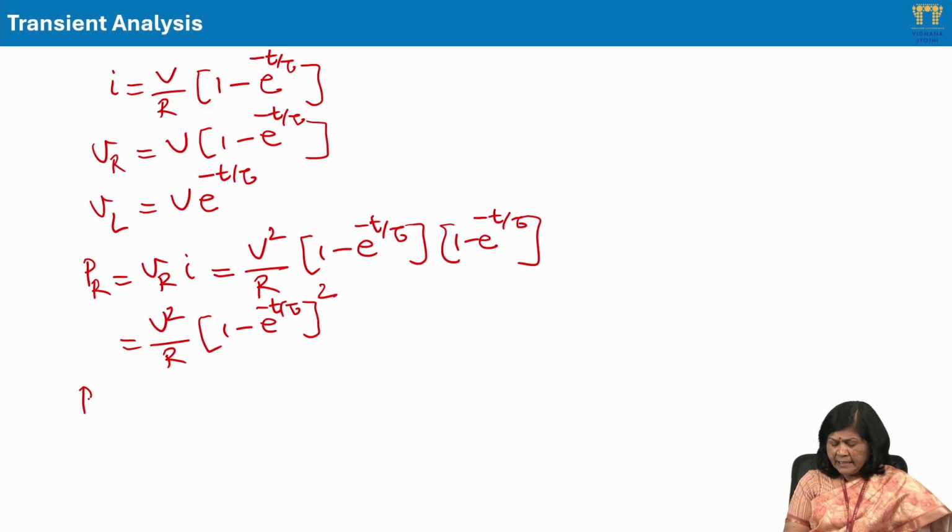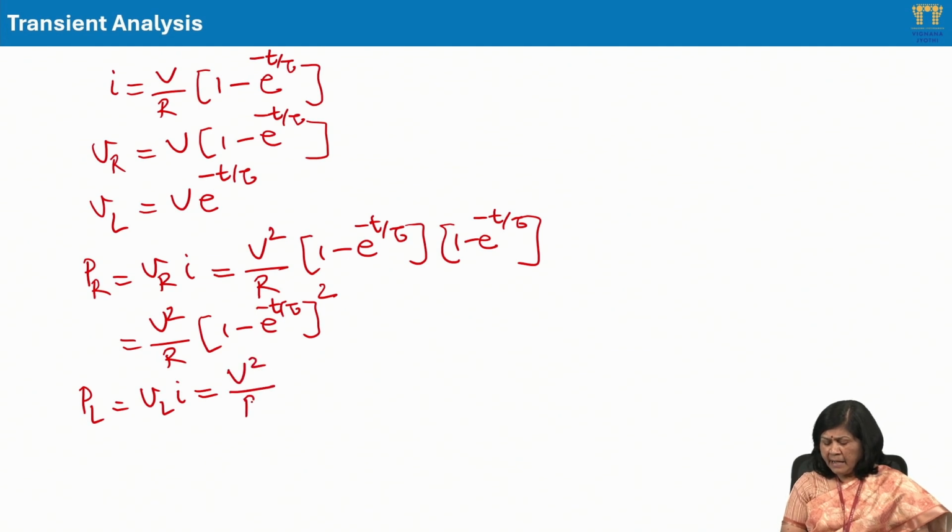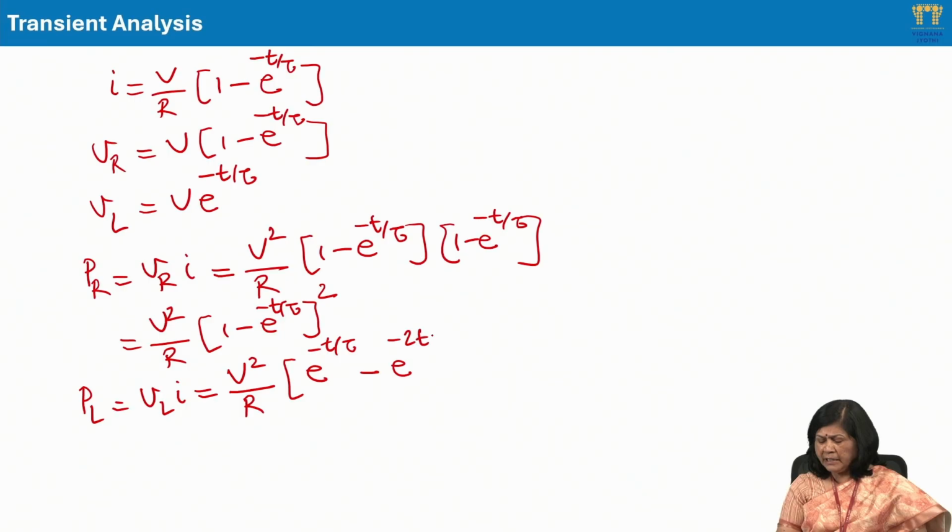And the inductance power is VL into I. When you multiply this, you get V square by R times (e to the power minus t by tau minus e to the power minus 2t by tau). This is my inductance power.